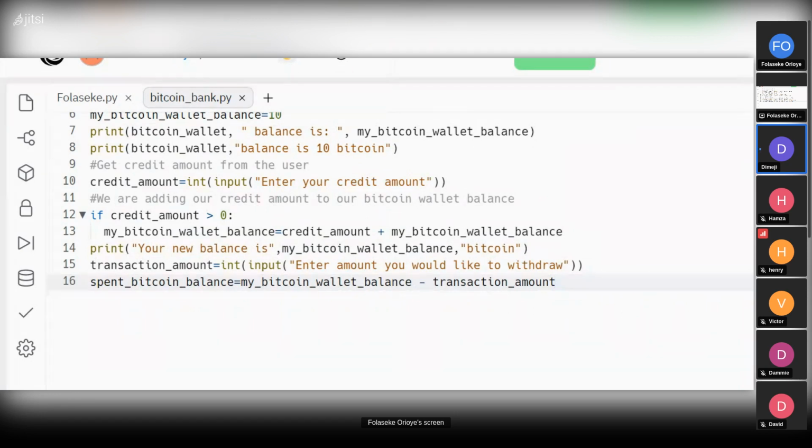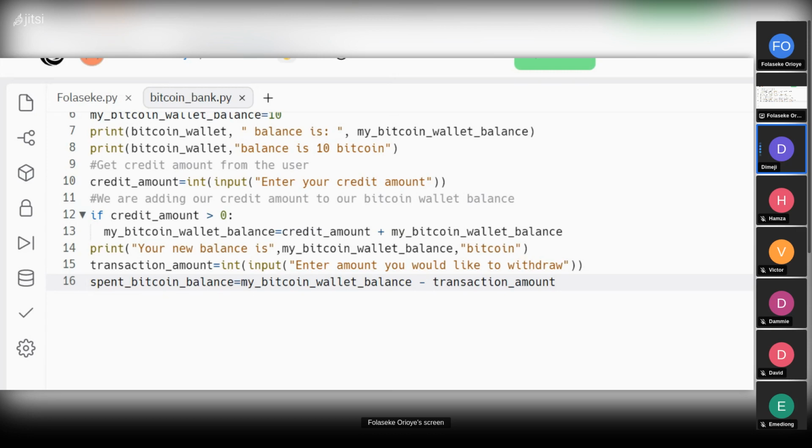One of the biggest challenges we had yesterday was that our wallet was still receiving negative values. That is, a user can pass minus 100 into their wallet, which is not meant to be so. Am I correct? Yes, sir. Now, what we did yesterday was to make sure that the user cannot use or pass negative values.